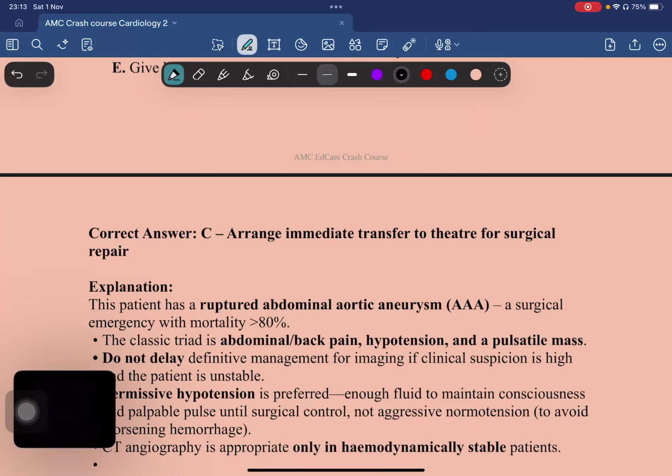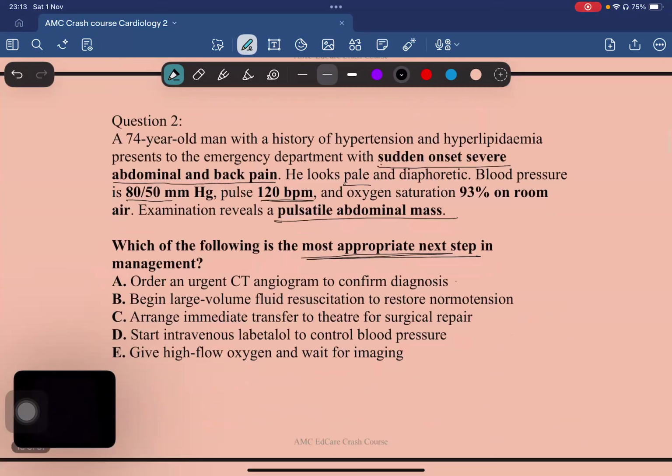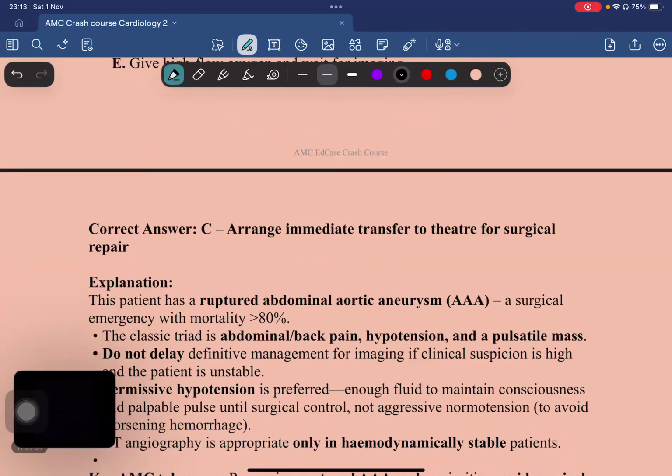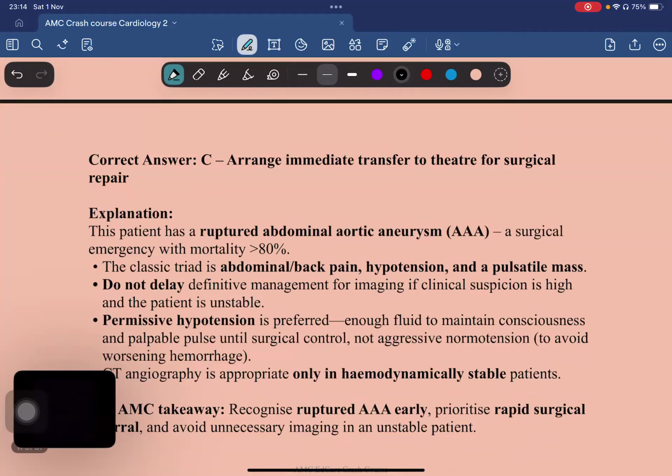So this patient, we just talked in the previous slides how scary, like how high the mortality rates are of a ruptured abdominal aortic aneurysm, right? So it's basically a surgical emergency. So this patient clearly has a ruptured abdominal aortic aneurysm, and the classic symptoms are there: the abdominal pain, the hypotension, the pulsatile mass.